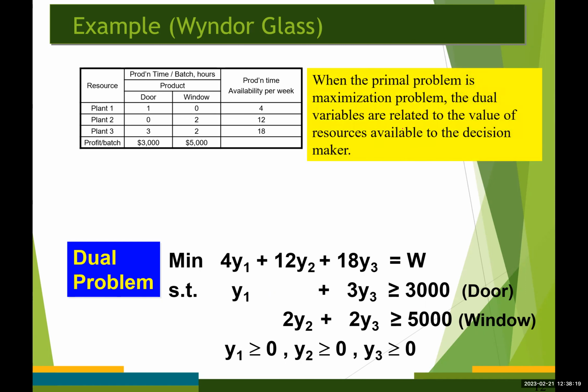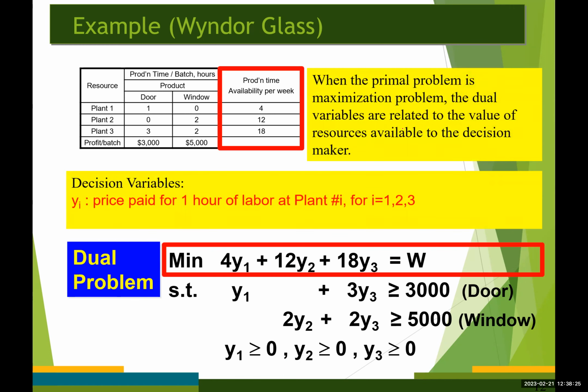So to determine these prices, we need to define the Y variables. Y1 is going to be the price paid for 1 hour of labor at plant number 1.